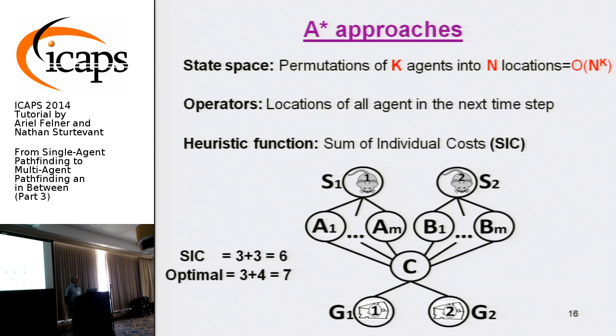Okay, so let's talk about A* approaches. The state space is, of course, very large: permutations of all the k agents into n locations, so it's exponential in k. Let's use this specific example. You have the two agents, the mice, they want to go to the cheese. Let's take a simple heuristic function, which is called sum of individual costs.